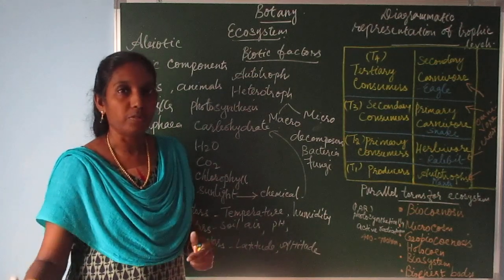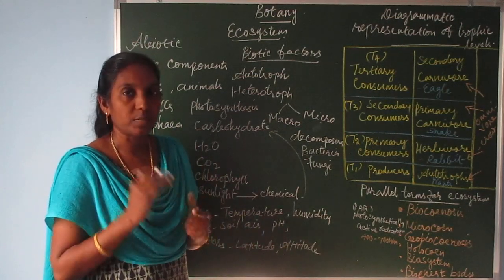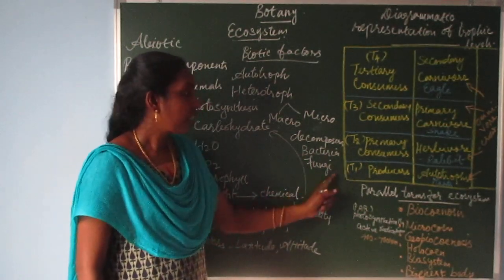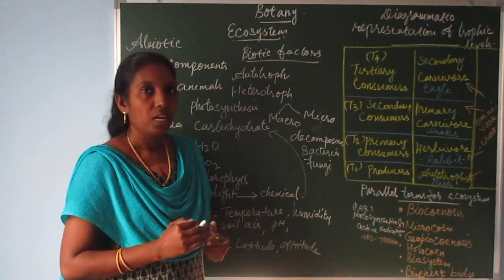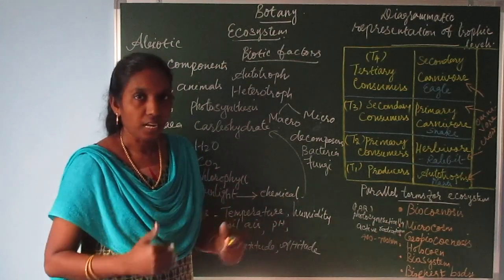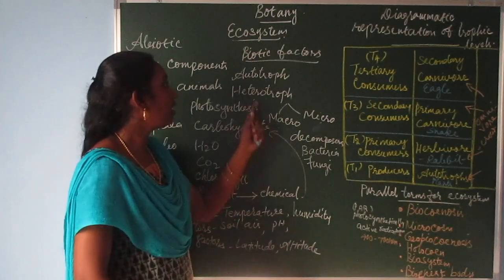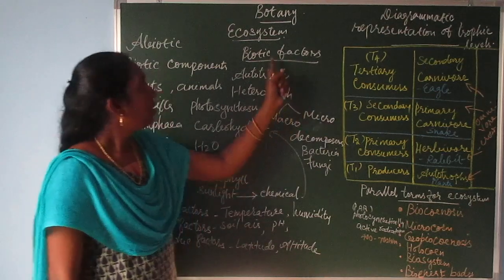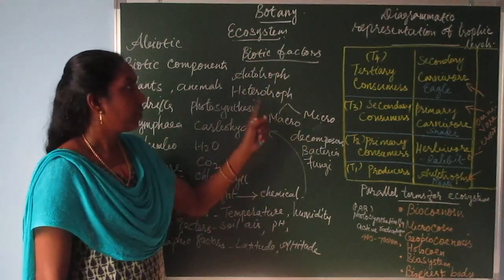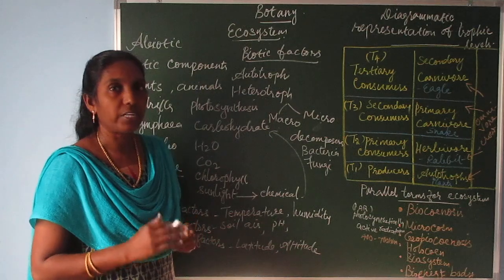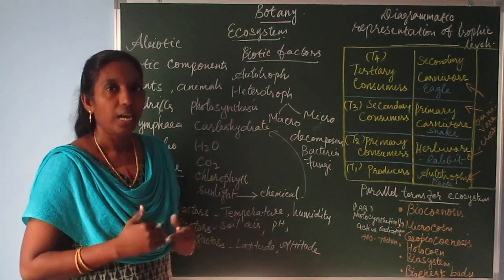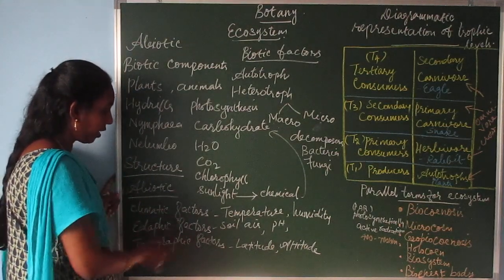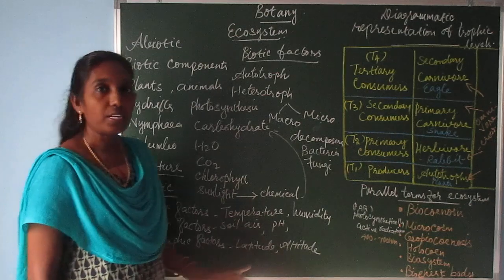They degrade all the complex substances into smaller substances, which are again utilized by the plants, the autotrophs. So these all are biotic factors. Biotic factors are mainly classified into autotrophs and heterotrophs. Abiotic components are climatic factors, edaphic factors and topographic factors.